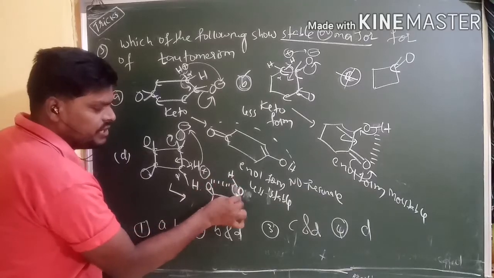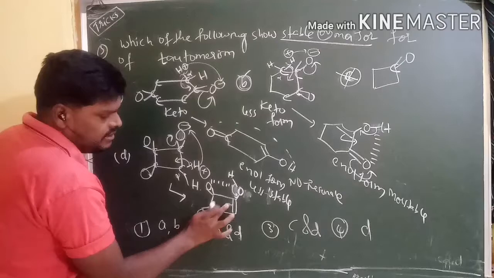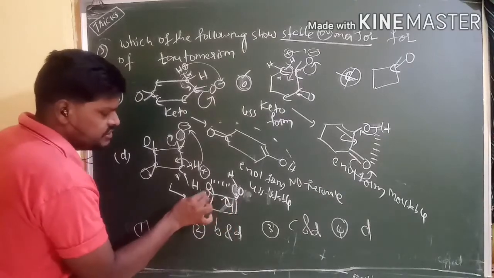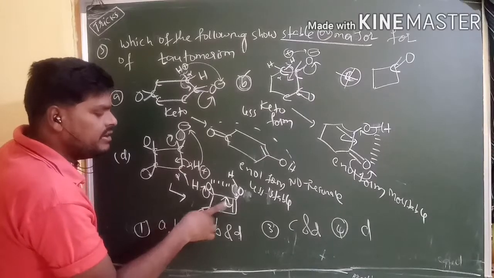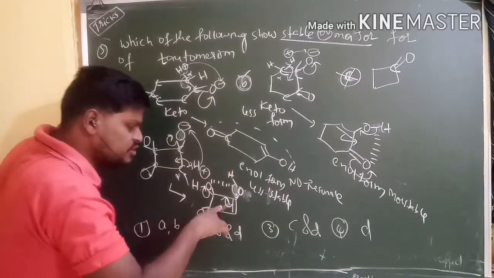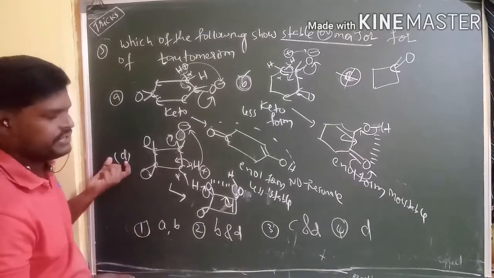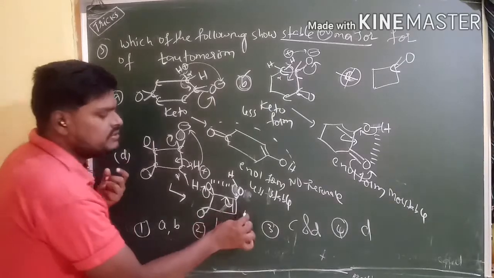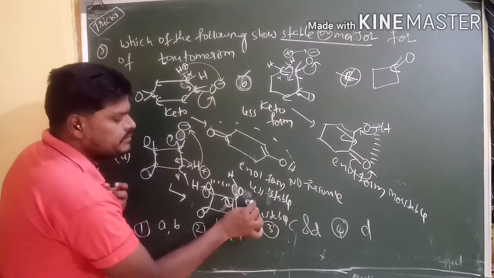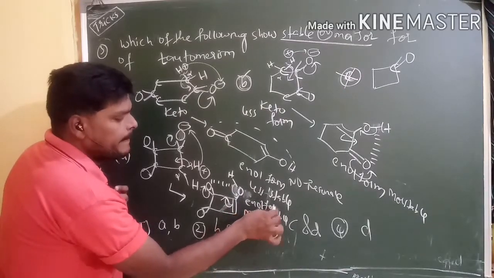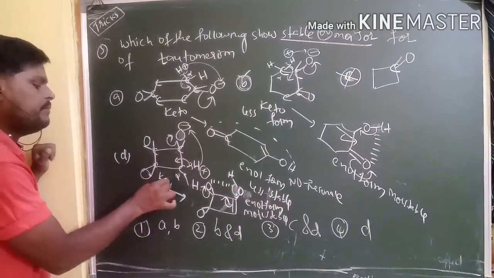Because this bond rotates like this, this bond rotates like this, and this goes towards like this. So resonance is possible, and intramolecular hydrogen bonding is also possible in option D. So this enol form is more stable than the keto form.